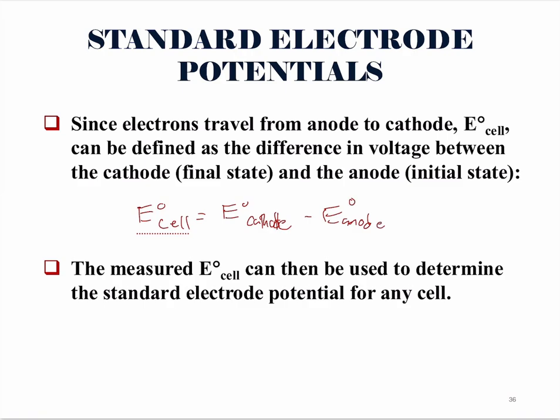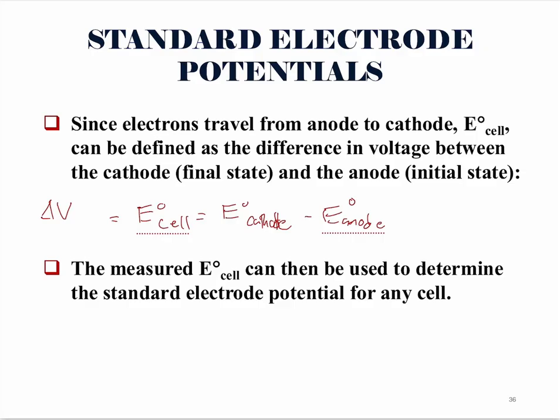These values are the difference from the standard hydrogen electrode. Now we can compare them for our specific cell, because we don't have a standard hydrogen electrode in our cell. We don't need to have that all the time. We can compare how they vary from the standard, and that gives us the total cell potential.